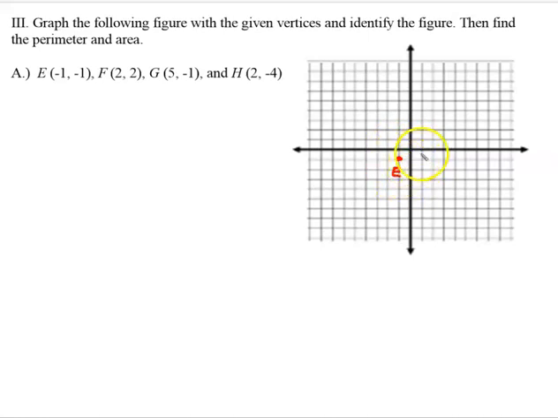All right, label that. 2, 2 is point F. 5, -1 is point G. And 2, -4 is point H.